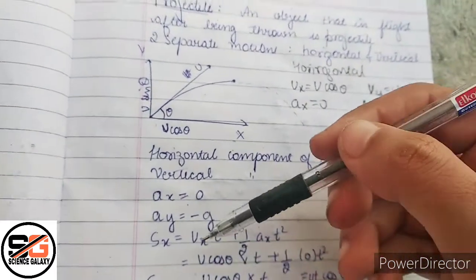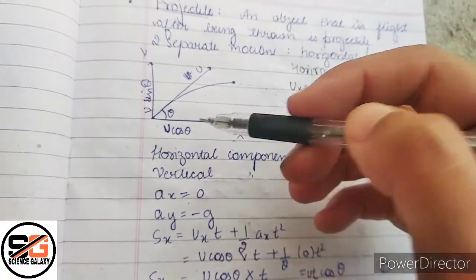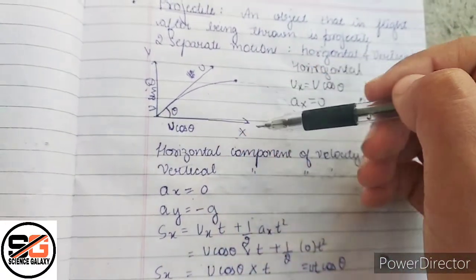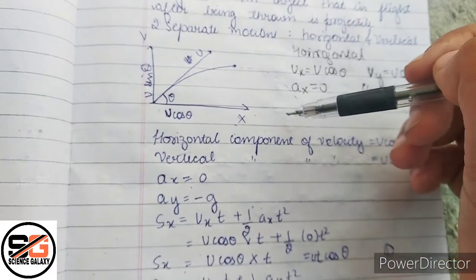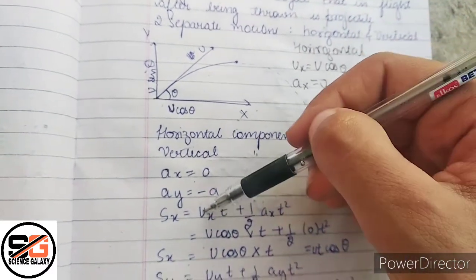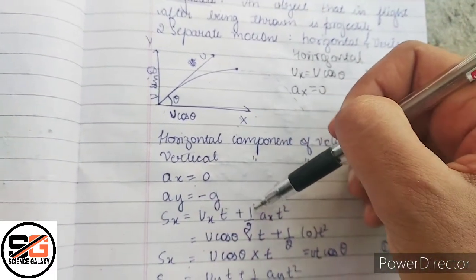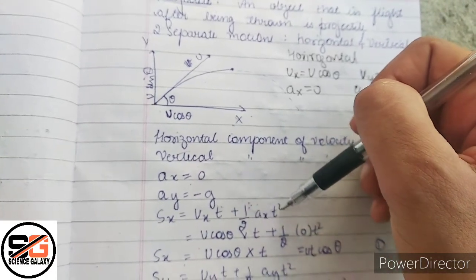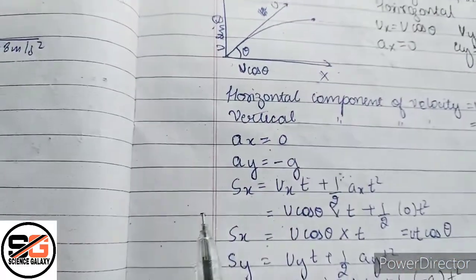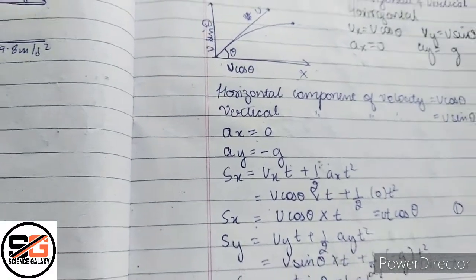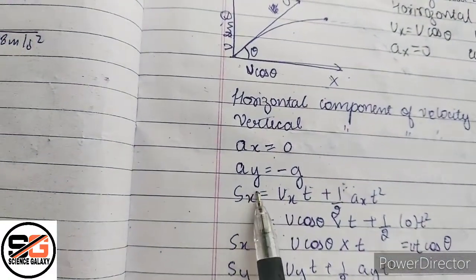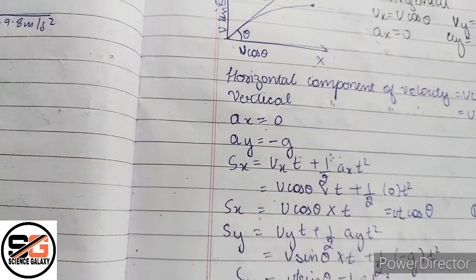Now we know that the horizontal distance is Sx. That would come out to be ux into t plus 1 by 2 ax into t square. Here we are applying that displacement is equal to ut plus half at square.